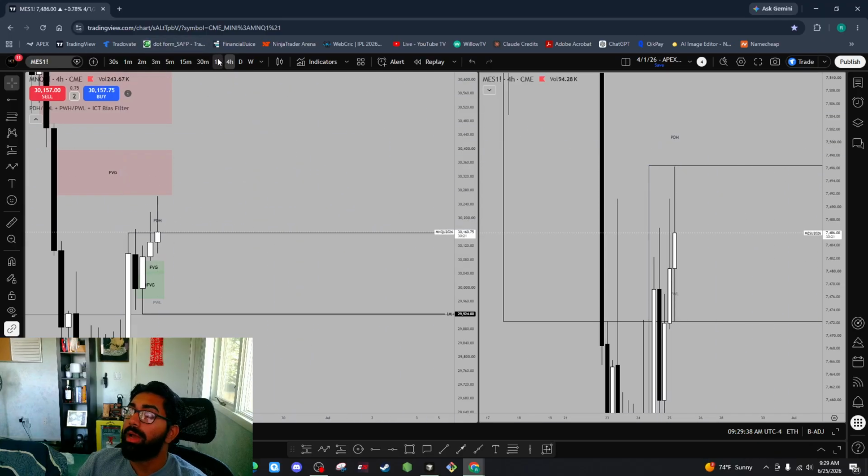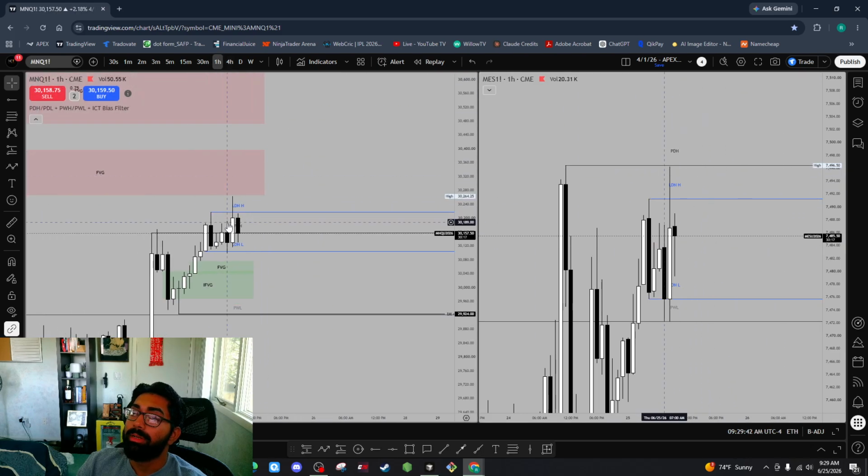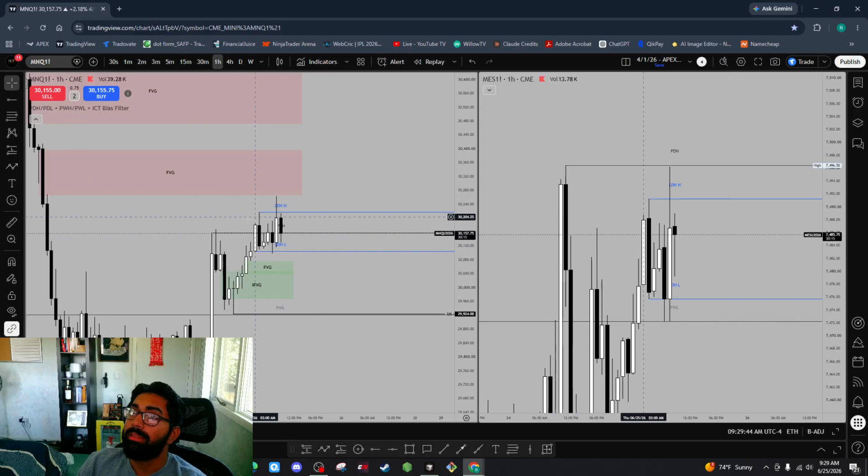Now, if you look on the 1 hour, that's already happened, right? NQ has taken out this 4 p.m. high right here, whereas ES has also taken out the 4 p.m. high. Yeah, both have.